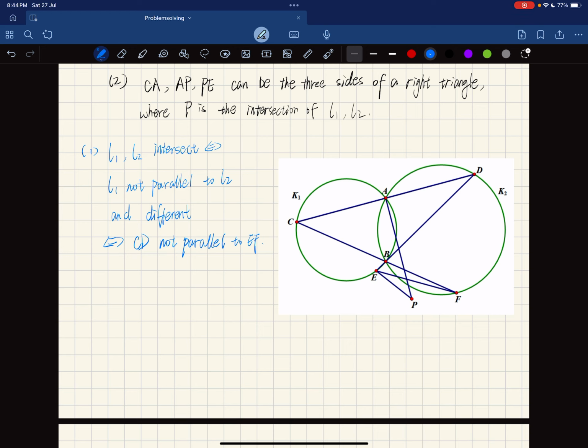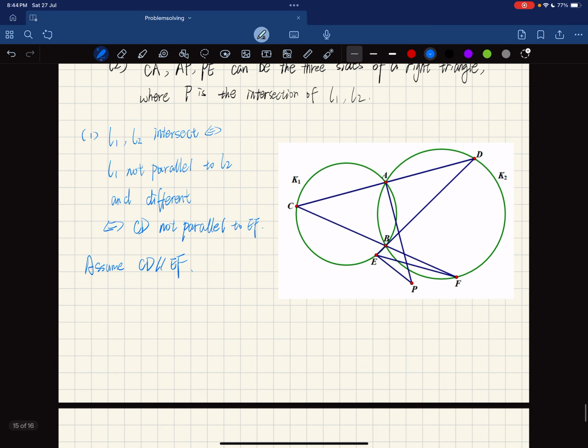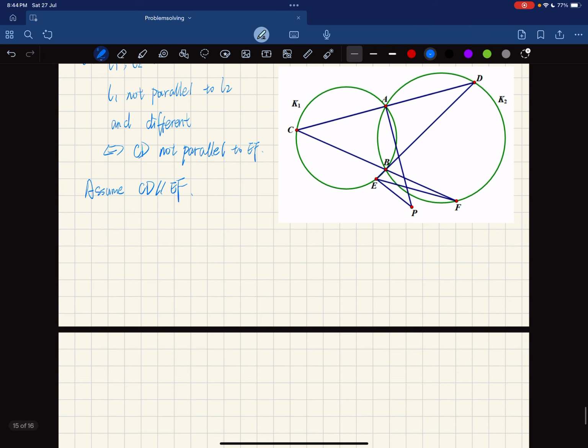Here's a solution. We can assume CD is parallel to EF, and we try to find out what will happen. According to this, A, B, F, D are concyclic.